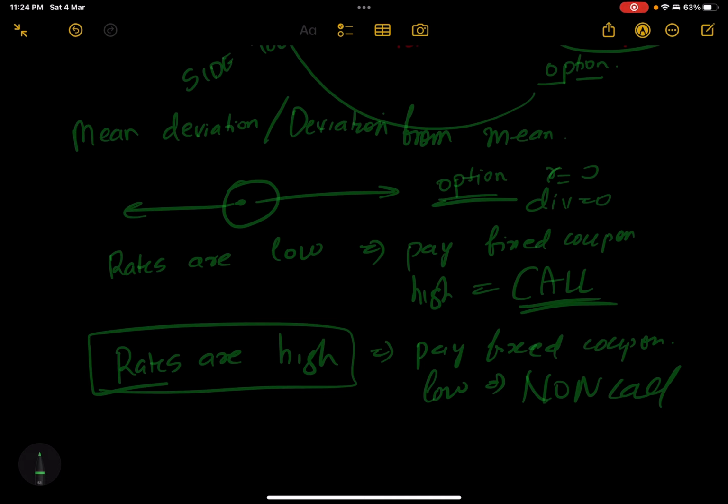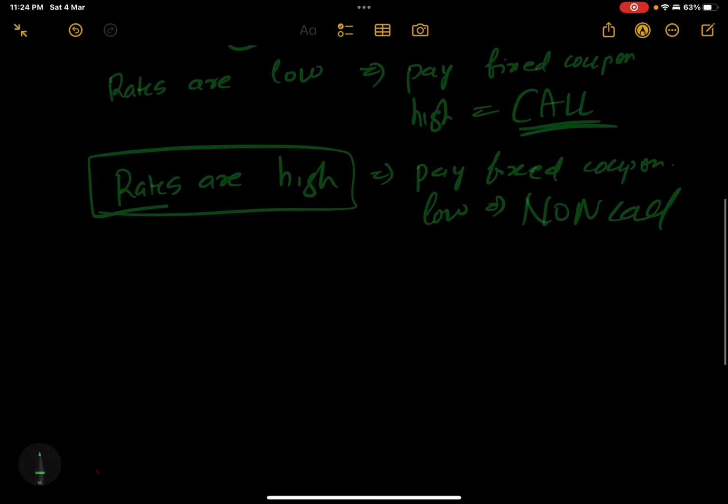This is another reason: when rates are high you can get funding, which for a bank is normally SOFR plus some spread.